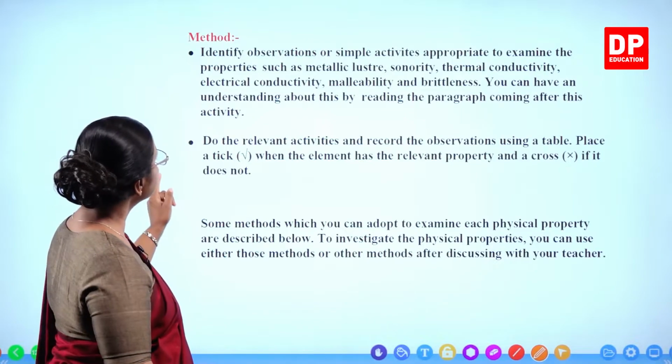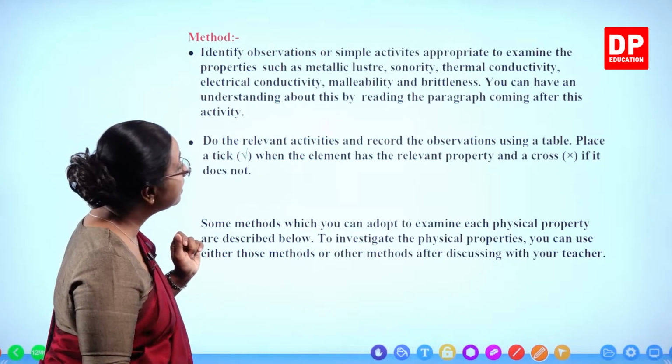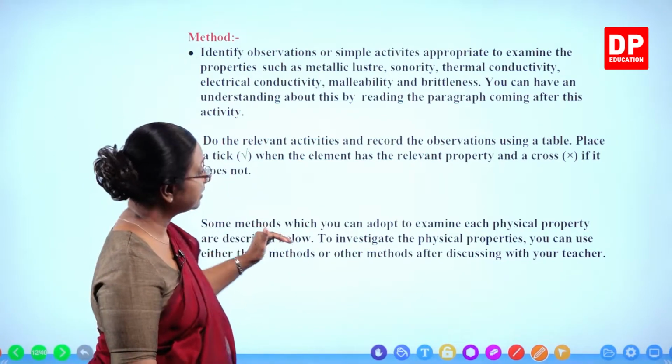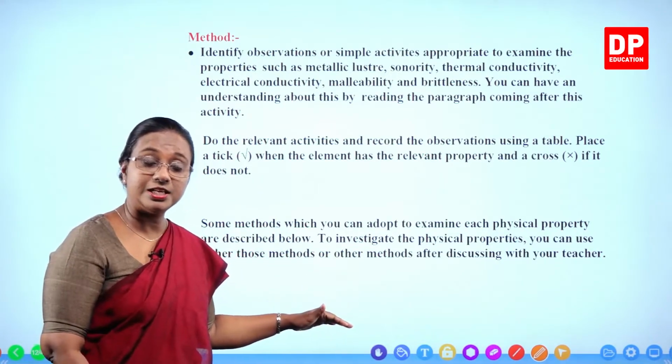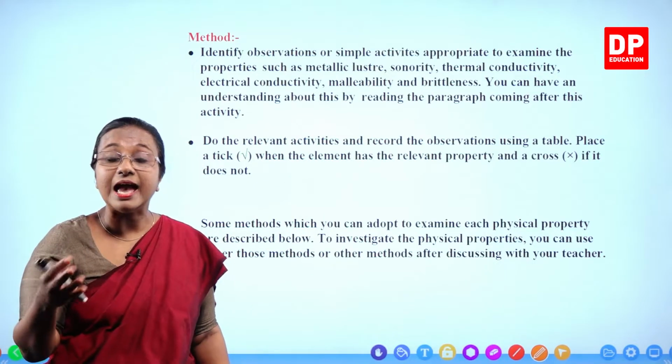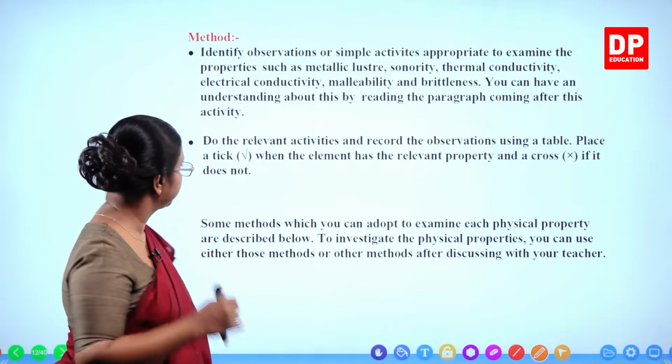You can have an understanding about this by reading the paragraph coming after this activity. Once this activity is given to you, I will explain each of these properties and how we can identify them.